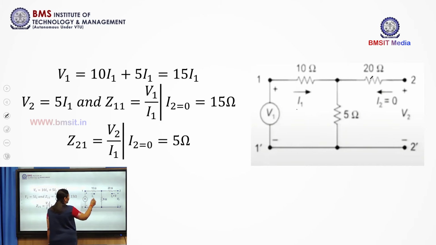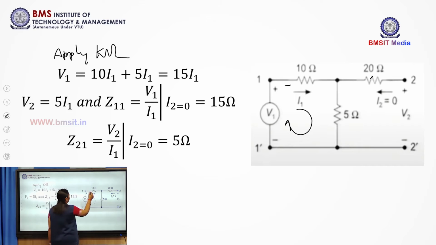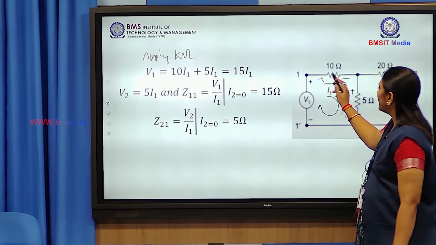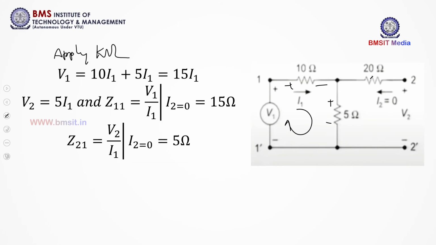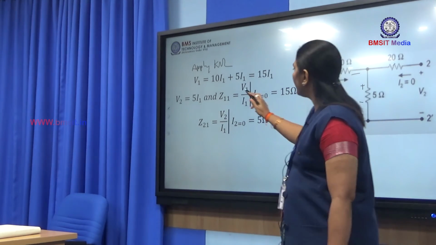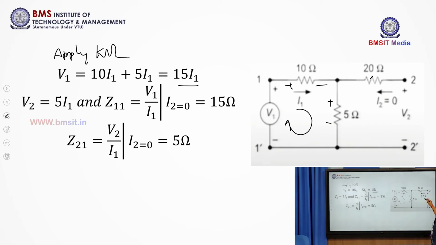Then find what is the I. By applying KVL to the resultant network, V1 will be equal to 10 into I1 plus 5 into I1, which is equal to 15 I1. That means V1 will be equal to 15 I1. From this, in the second loop, V2 will be equal to 5 I1.